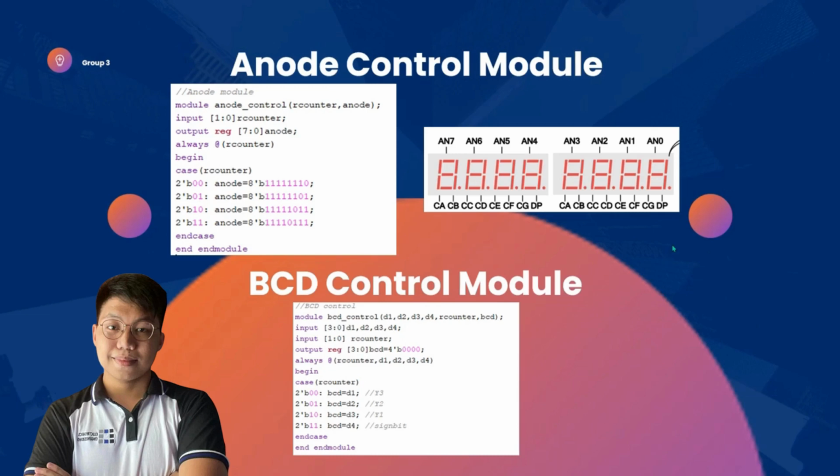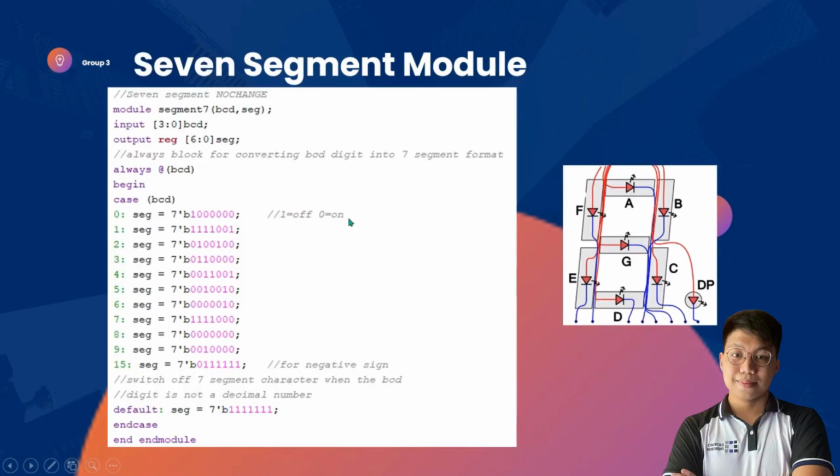The refresh counter and clock divider enable both modules to simultaneously display the different outputs in the 4 7-segments in Figure 10. The 7-segment module will not display any non-decimal values as indicated by the case statement. The 15 case was added to display the negative sign of the sign bit.